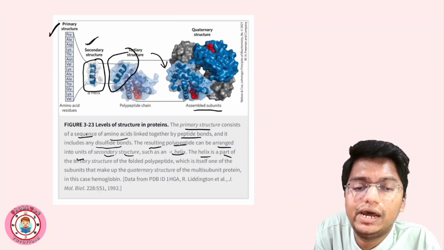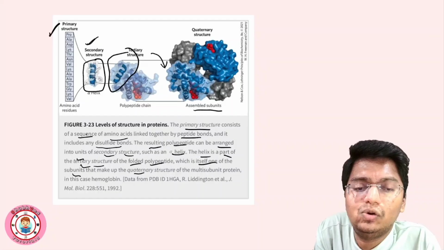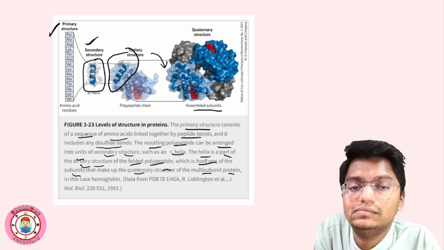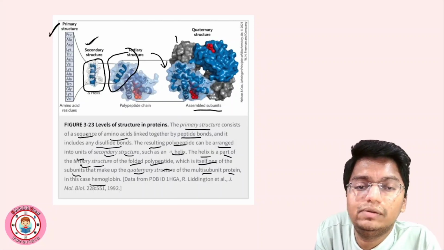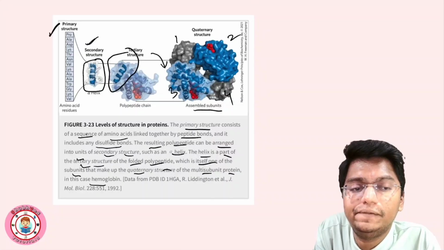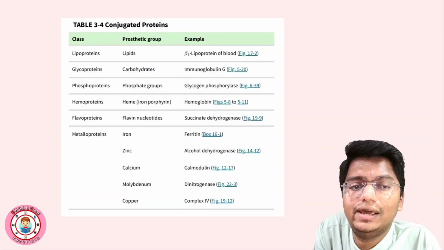The helix is a part of the tertiary structure of the folded polypeptide, which is itself one of the subunits that make up the quaternary structure of the multi-subunit protein. In the case of hemoglobin, you can see there are 4 subunits joined together, right?